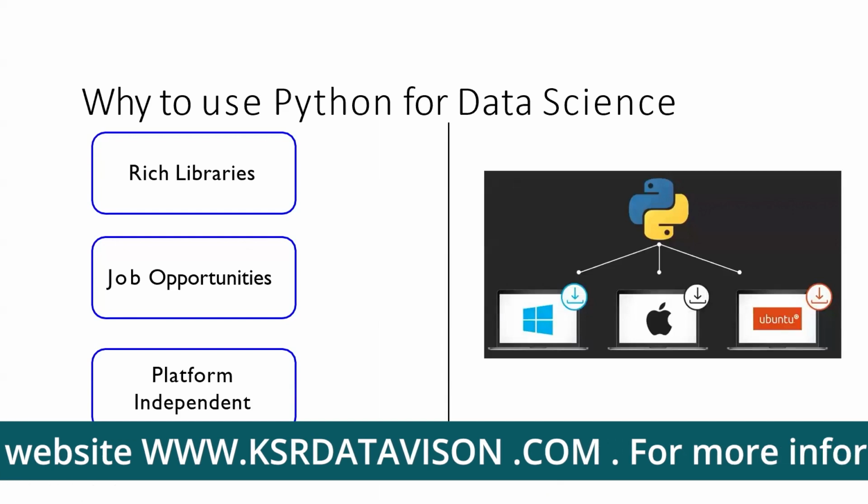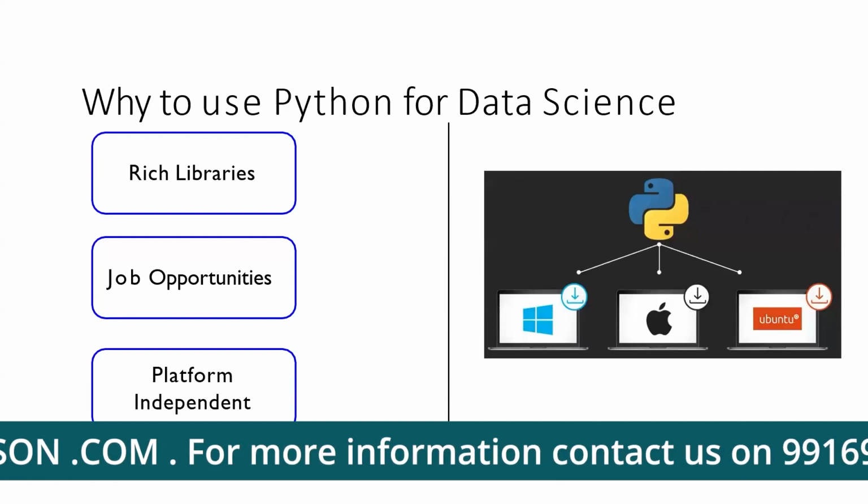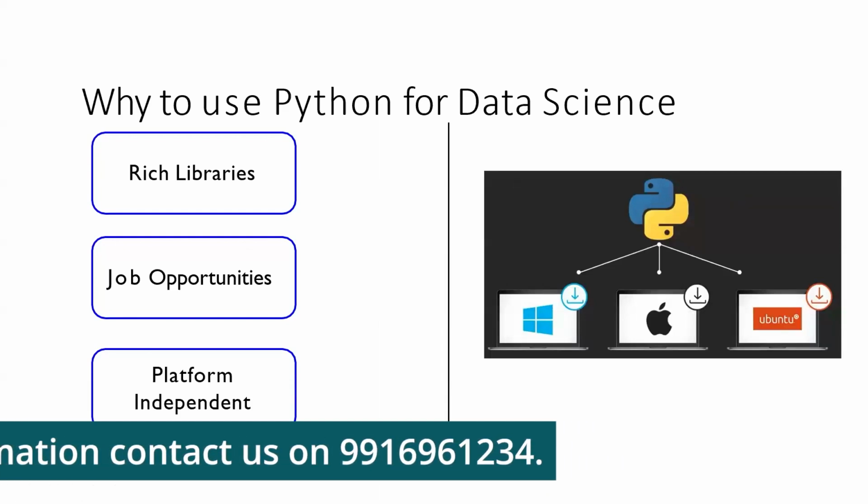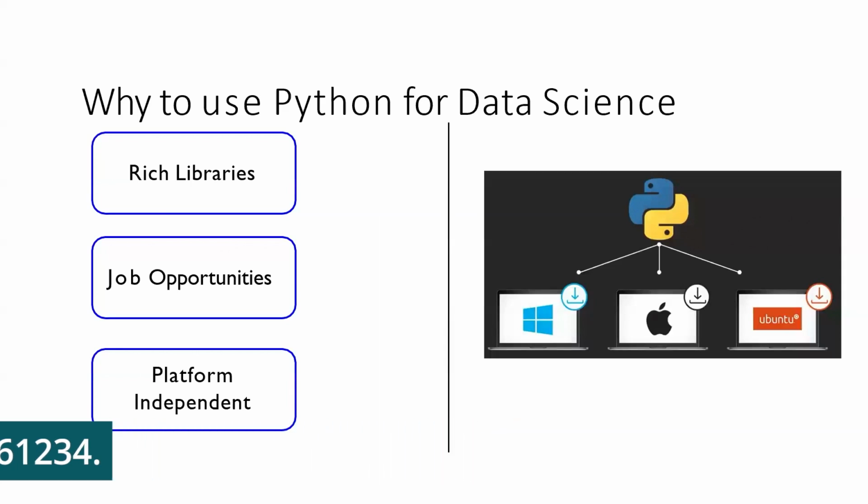That means whatever programming language you have written in, like we have Windows, Ubuntu, or Mac, if you write a Python program in Windows, the same Python code can be used in other platforms such as Mac, Ubuntu, or anything.